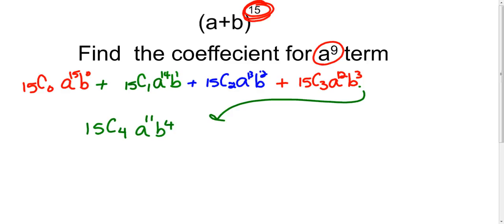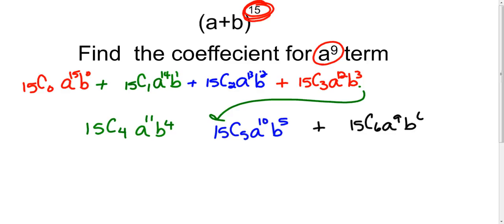Okay, the next one, 15C5, a to the 10th, b to the 5th. The next one, 15C6, a to the 9th, b to the 6th.